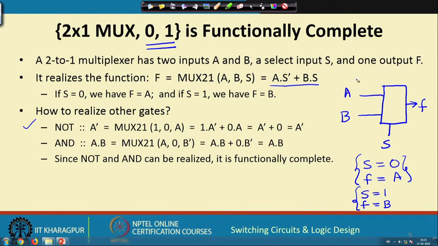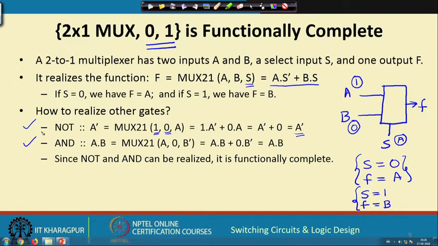In this multiplexer, I apply a 1 here, a 0 here, let us say, and to the select line, the third one, I apply the variable A. If I substitute 1, 0 and A in this expression, it becomes 1 A bar plus B, B is the second one, 0 A. If you simplify this, it is only A bar, which means I can implement NOT, but I require a constant 1 and also a constant 0.